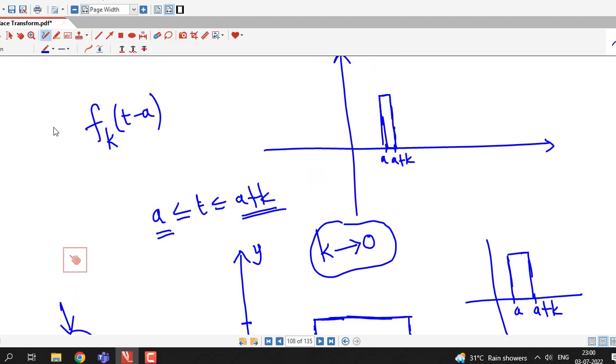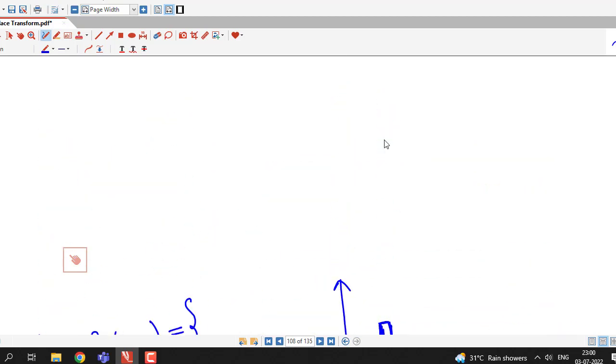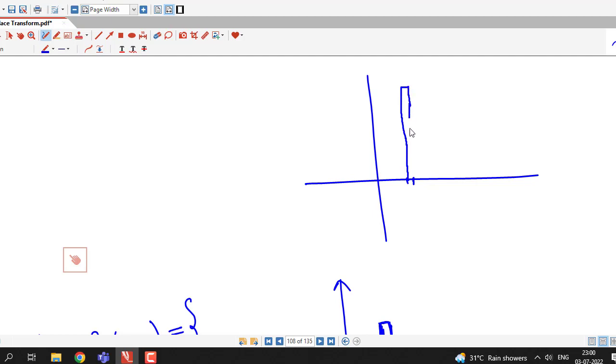So I am taking limit of this function as k tending to 0. If k is reducing, then we will have this type of situation, that this is going to be larger and larger.